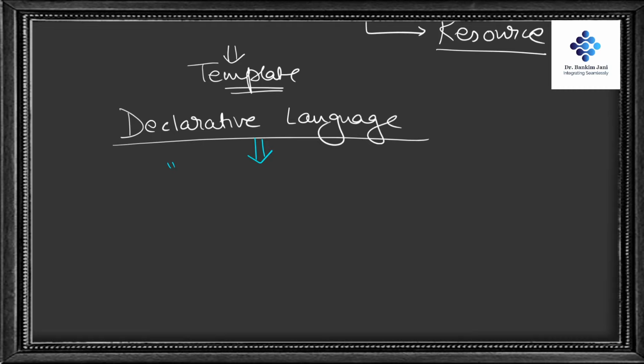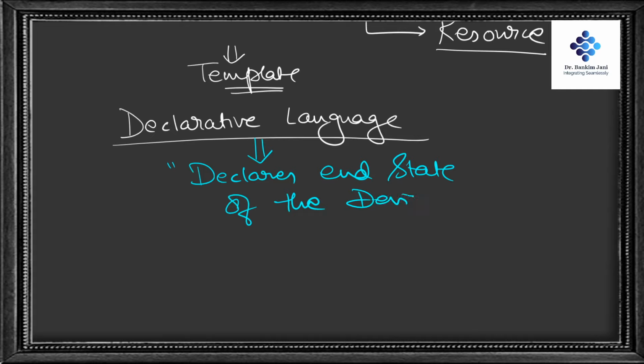So in a declarative language, it declares the end state of the device, where the device would end up. And when we are using this, that means we will require some agent. So an agent is needed.